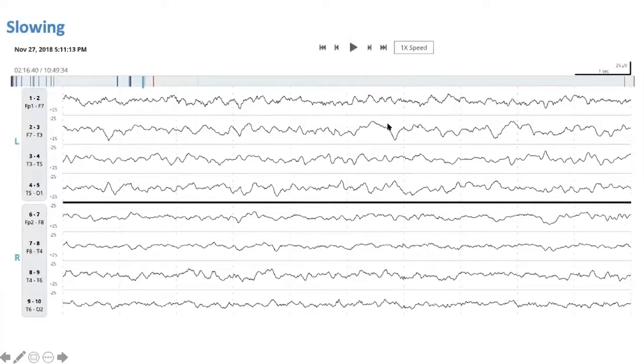You see some long ones and then some shorter ones where you see like 4 within a second. But notice something else. There's an asymmetry. You're seeing a greater amount of slowing across the left side of the head compared to the same periods in time on the right side. And this amount of asymmetry is abnormal. And this is indicative of some type of functional, it could be structural, cerebral dysfunction across the left side.